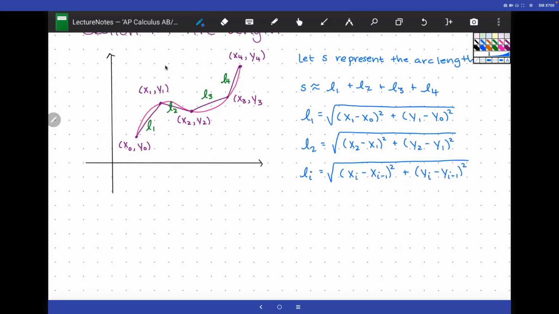I'm going to take a little liberty here. x sub i minus x sub i minus 1 is just the difference of x values. Let's just call it delta x. And the same thing with the y's. So in general, the length of one of these line segments is the square root of delta x squared plus delta y squared. That's much better. I like that.